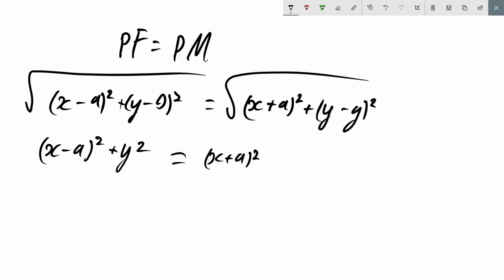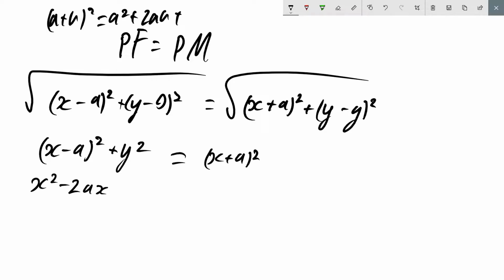So now if we expand it, we should get some cancelling. So x squared minus 2ax, remembering that a plus b squared equals a squared plus 2ab plus b squared, plus a squared plus y squared equals x squared plus 2ax plus a squared.